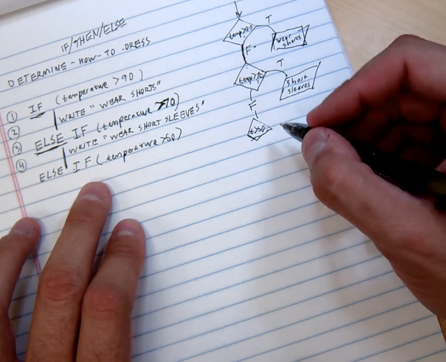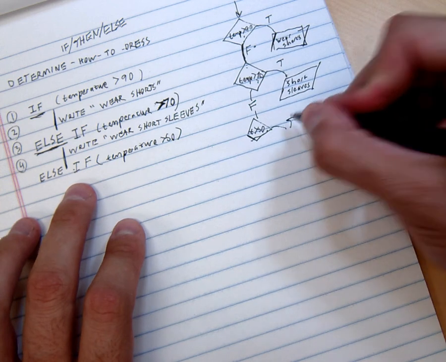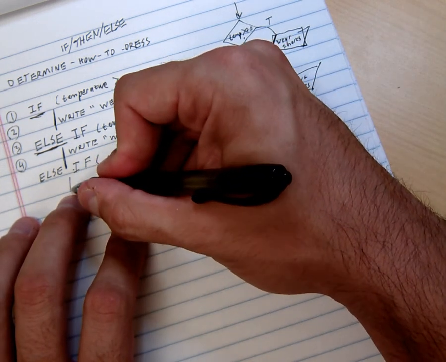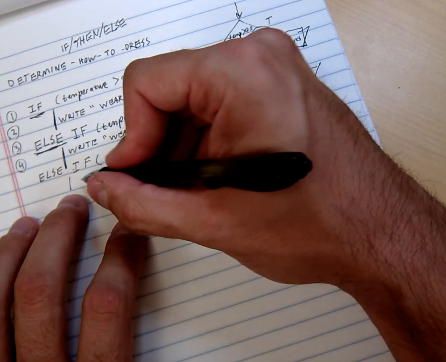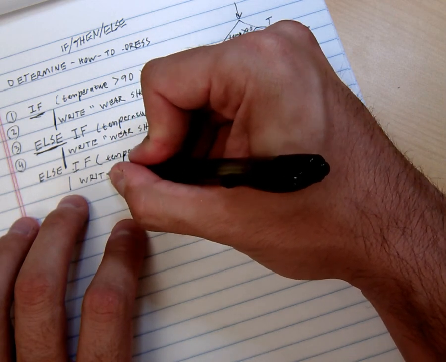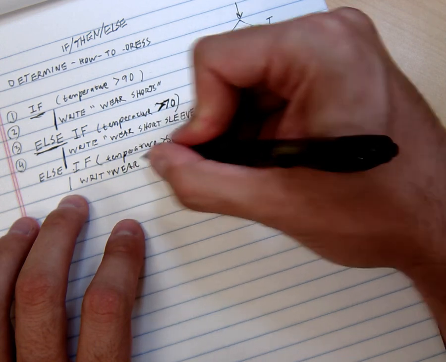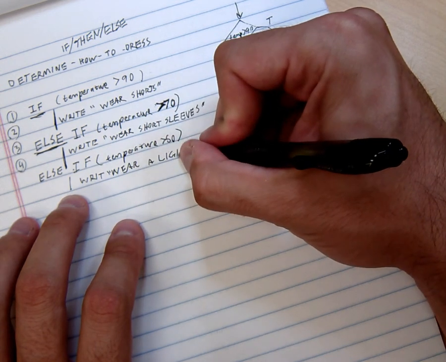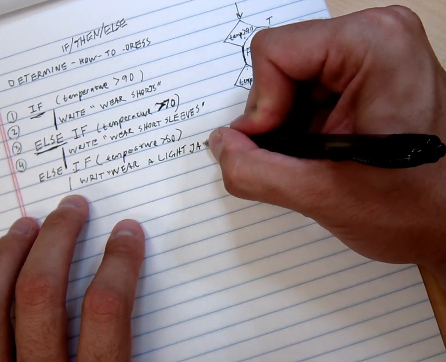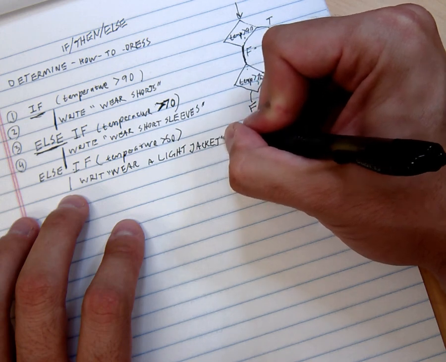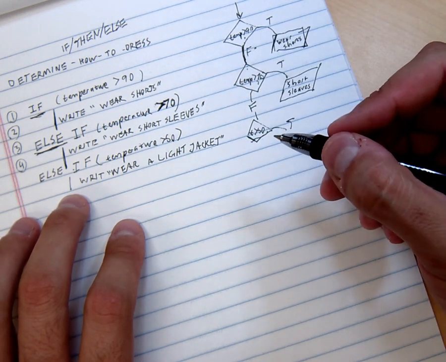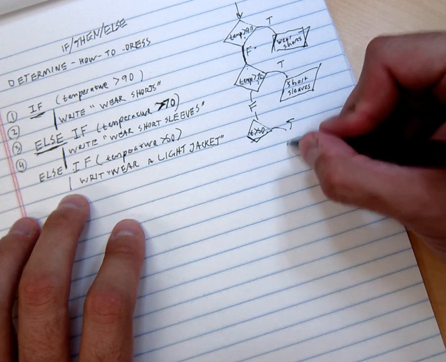If the temperature is greater than 50, if that's true, then I'm going to say a light jacket. I'm following along with your code, and here.